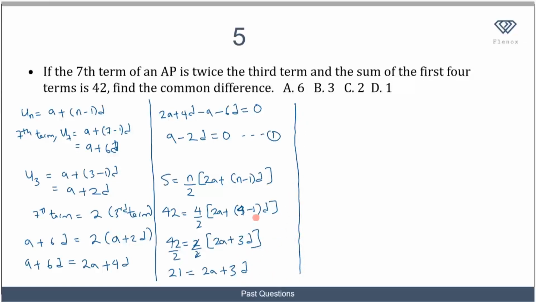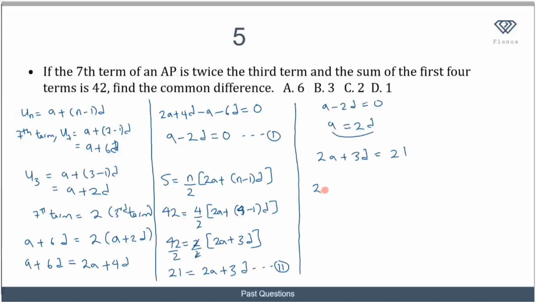And the question asks me to find the value of D. So I have 2 equations now. So from the first equation, I know that A minus 2D is equal to 0. So I know that A is equal to 2D. So I can substitute the value of A equals 2D in the second equation. So when I do that, the second equation is given as 2A plus 3D is equal to 21. And I know that A is equal to 2D.